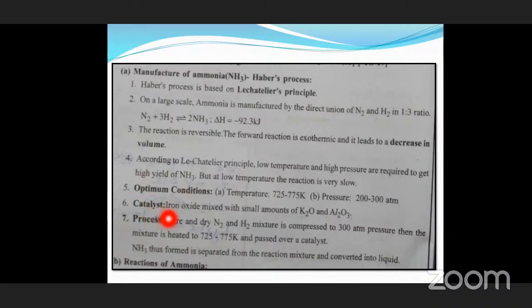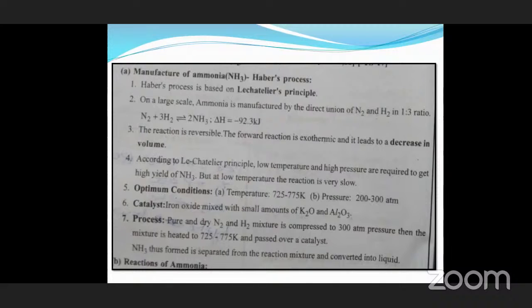Right, then the sixth point: iron oxide mixed with a small amount of K2O and Al2O3. That means in this step the iron is acting as a catalyst. Okay, so using the optimum conditions and the catalyst, we prepare ammonia, right?